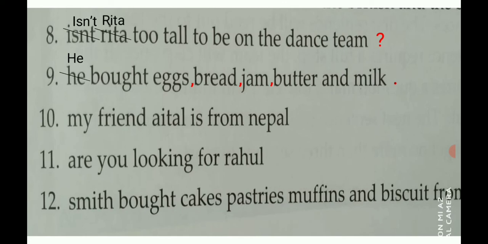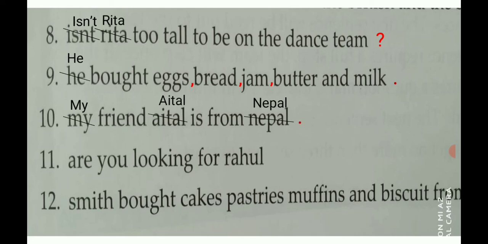My friend Ethel is from Nepal. Here the first letter will be capital. Ethel is the name of a person, so it will be in a capital. Then Nepal is the name of a country, that's why it is in a capital letter, and then put a full stop. So let's start. See the changes.